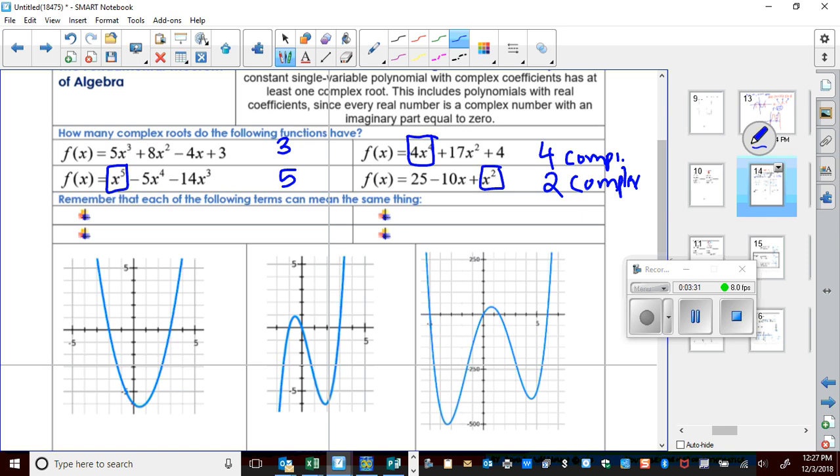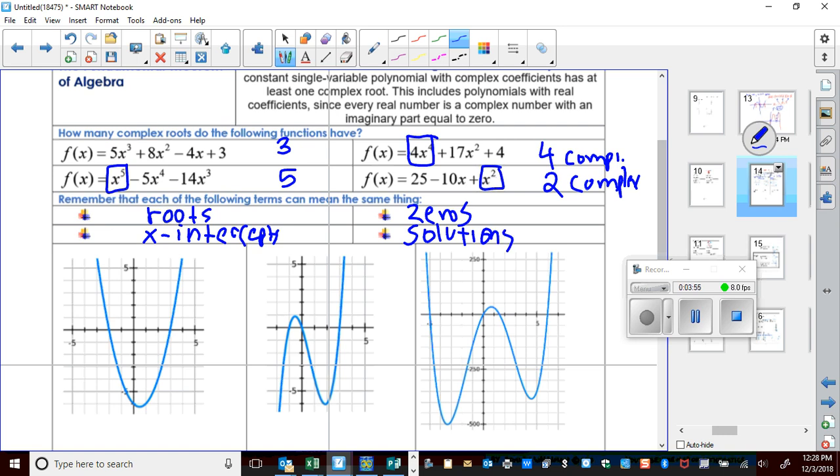Now, also, just before we get started, just keep in mind that when we ask about what the roots are, we're talking about the x-intercepts. We might also refer to them as zeros, and we might even refer to them as solutions.